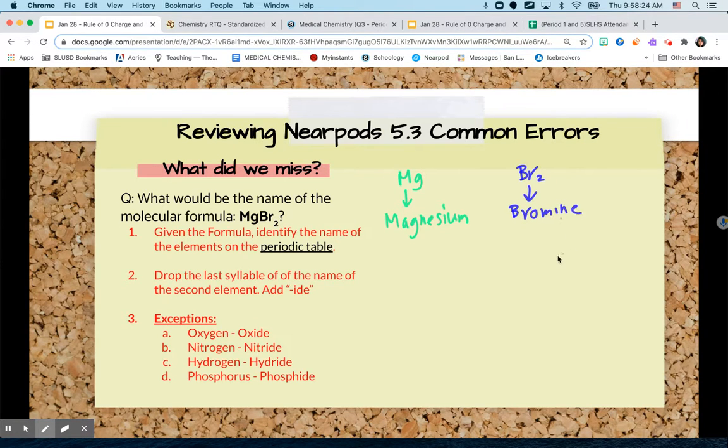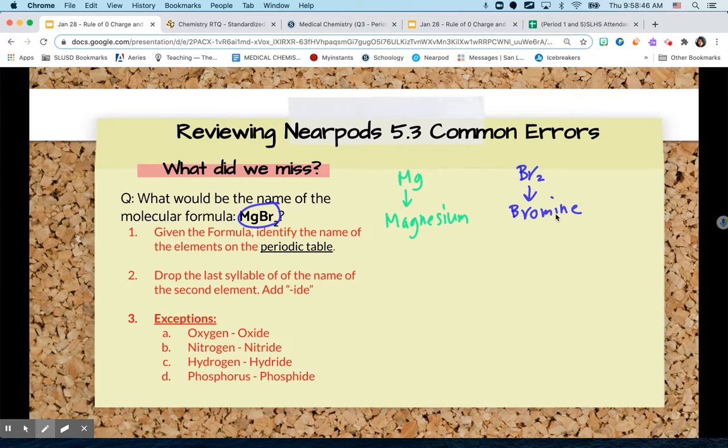It's called bromine. But since these two, like in the last problem, are combined together, we need to show that these two things are together. We can't just call them magnesium bromine. The way to show that they're a couple is to drop the last syllable of the second element.